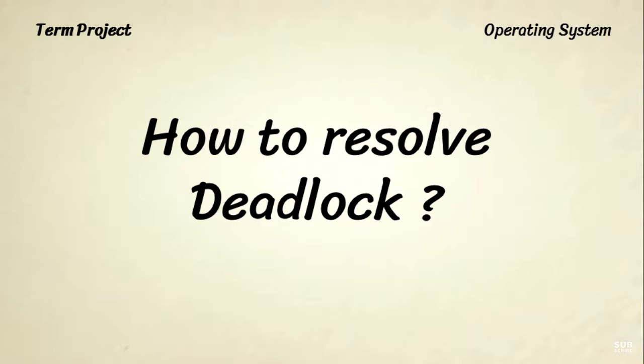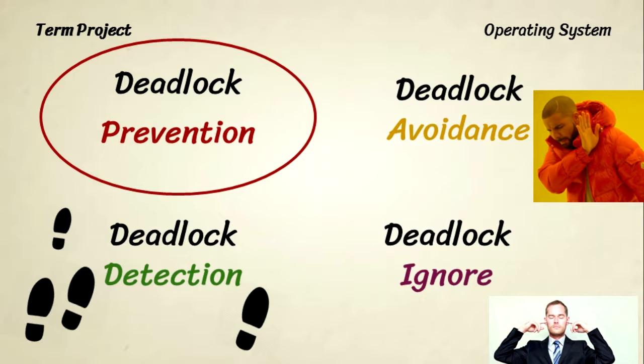Next, we're going to discuss resolving deadlock in a multi-thread program, from the previous program we showed you before. There are several techniques to resolve deadlock, including deadlock prevention, deadlock avoidance, deadlock detection, and just ignoring the problem.